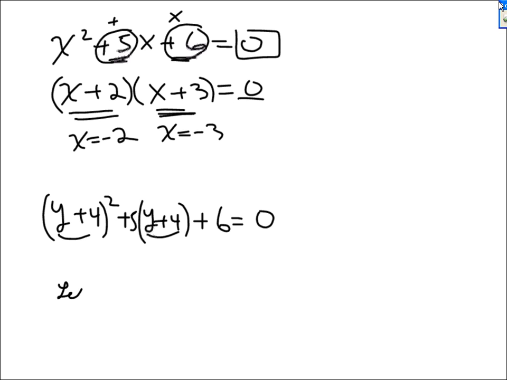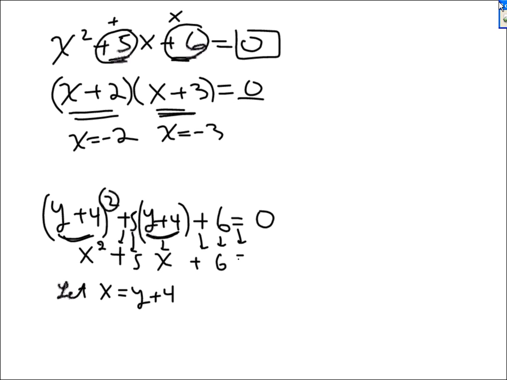If I said let x equal y plus 4, well then this is x squared plus 5, and this we're calling x, plus 6 equals 0. Oh my. This is exactly that equation.